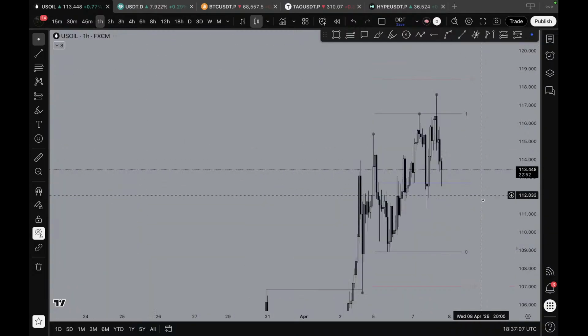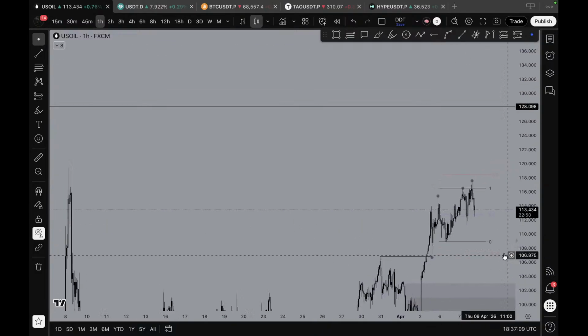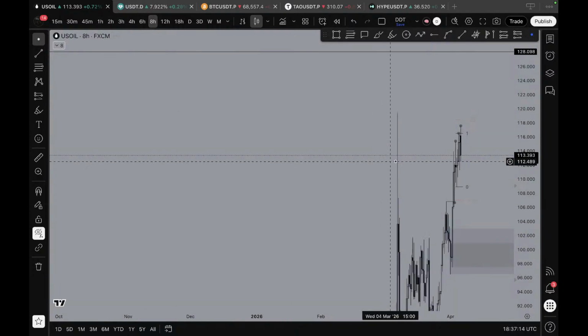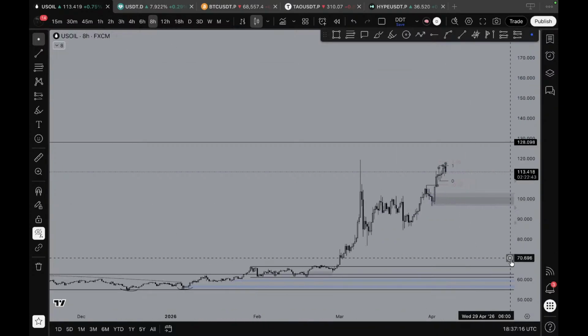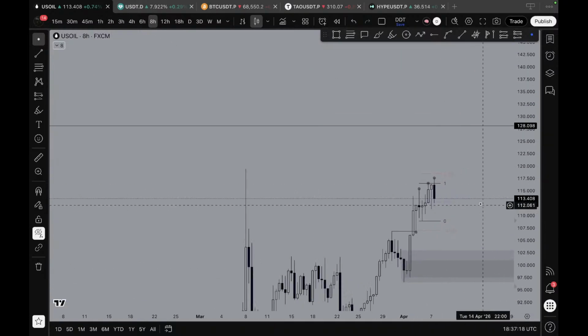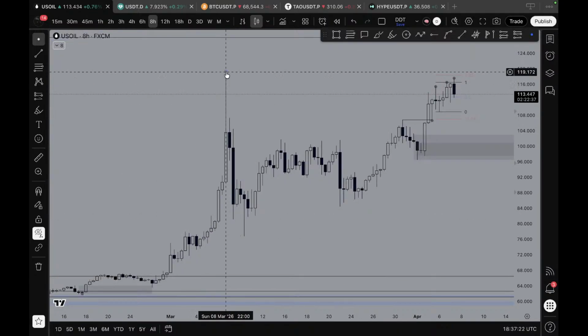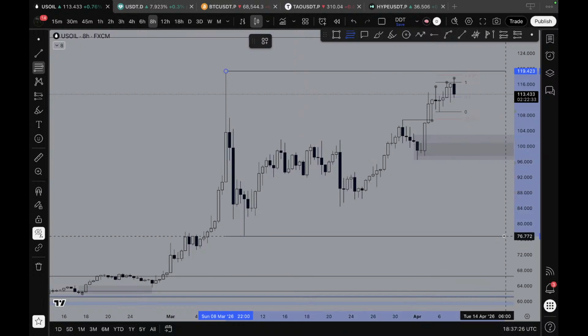So let's first zoom out on oil, which has been the lead indicator of what is actually happening. And since that crazy push up at the start of March, this has basically been the range.